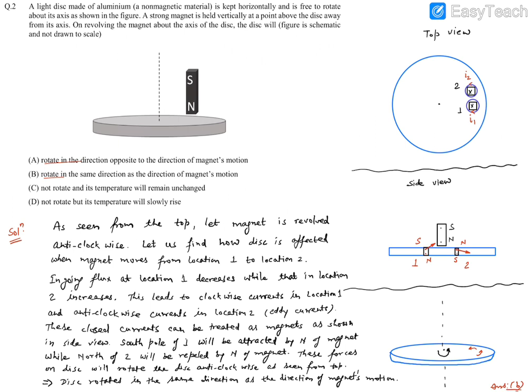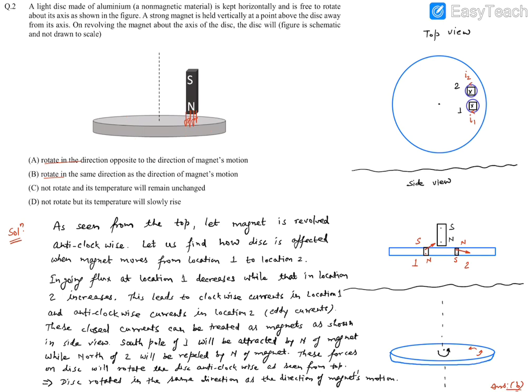Now when this bar magnet moves from location A to location B, you'll find there will be a redistribution of field lines passing through this disk. At the location where the bar magnet is located, field lines will be going inside, then passing through and coming outside from various places.